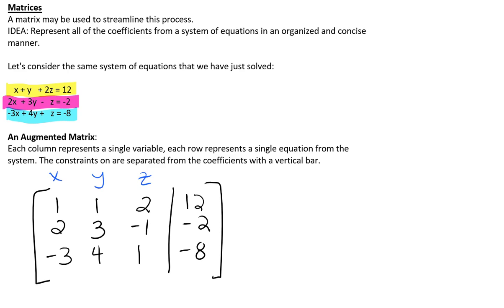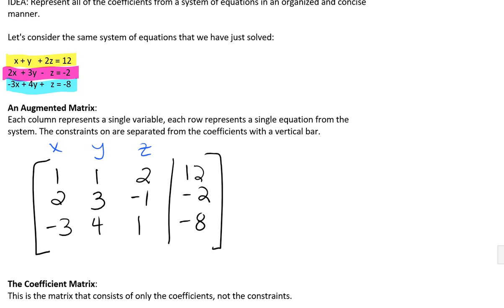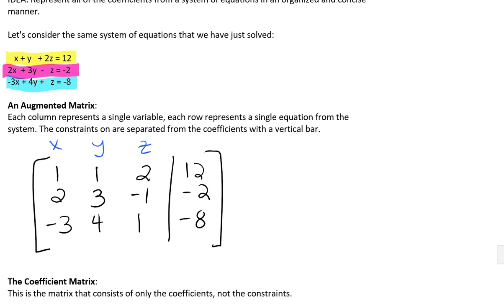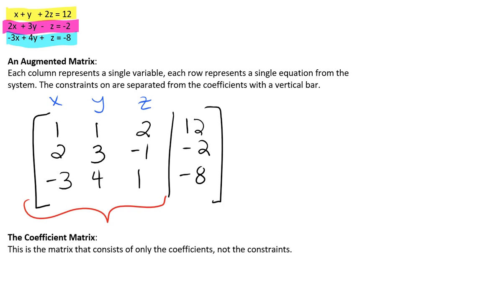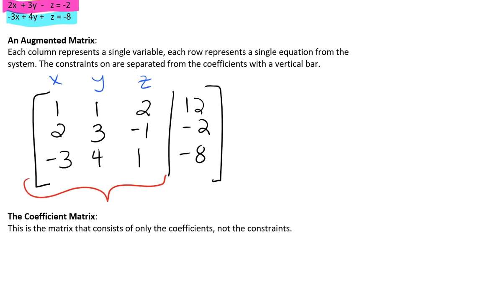Now sometimes we may be interested in just the coefficients, and if that's the case, then we focus on what's called the coefficient matrix, which is a matrix that is only the x, y, z columns, just the part that concerns the coefficients from our variables. So augmented also includes the constraints. A coefficient matrix is just the part that has the coefficients from the variables.